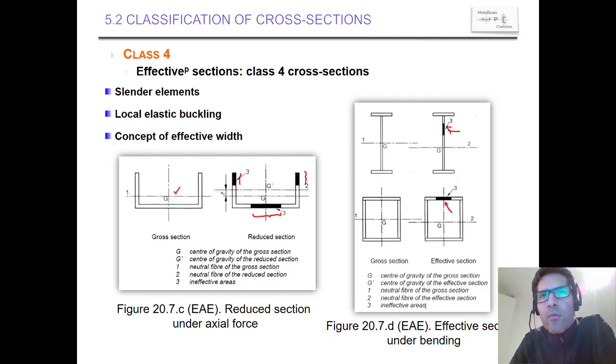So you can start wondering, okay, how or where we need to define those ineffective areas. They seem to be randomly sparse, but this is not random at all. It depends on a very structural consideration we will see afterwards.